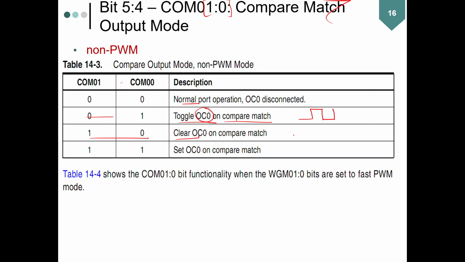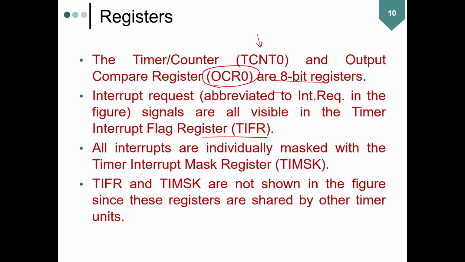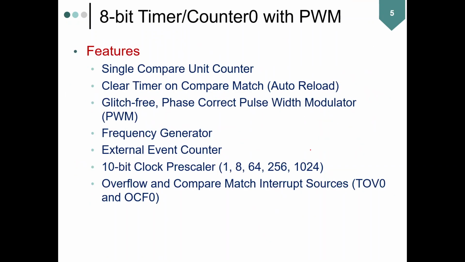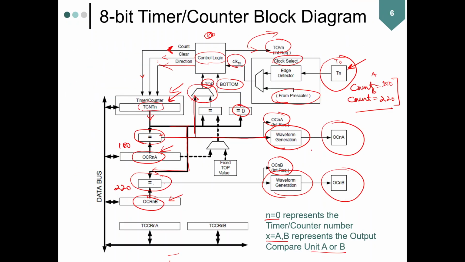So the pin is cleared, which means if it was 1, clear it to 0. And 1, 1: in this case, set OC0, which means that earlier, as long as the match has not occurred, it will be 0, and then it switches to 1 as the comparison occurs. Let me show you this OC0 pin again, where it lies. So this is where you have it: output compare 0A or output compare 0B.